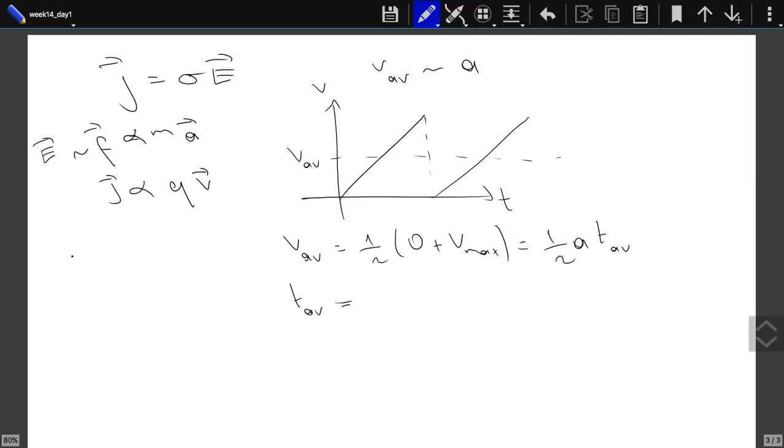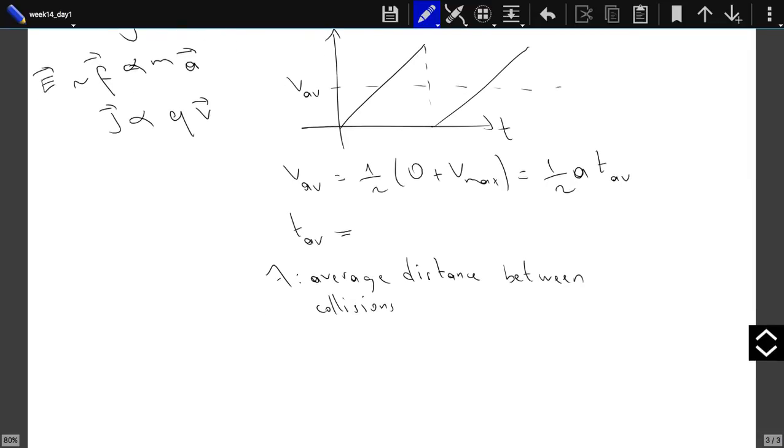Let's say lambda is the average distance between collisions. So what is the average time in terms of lambda? Lambda over V average, if you want.